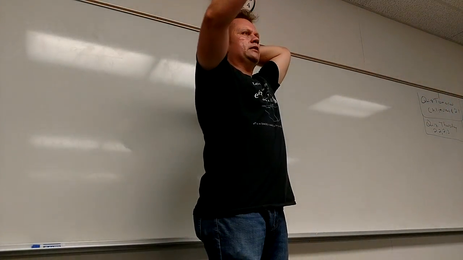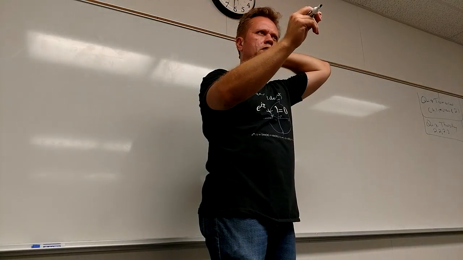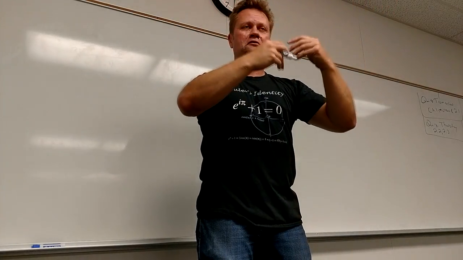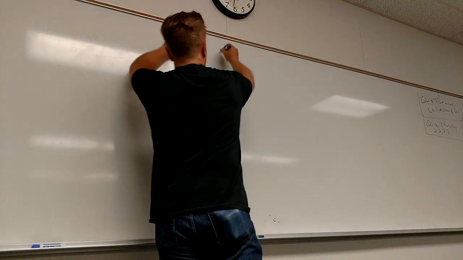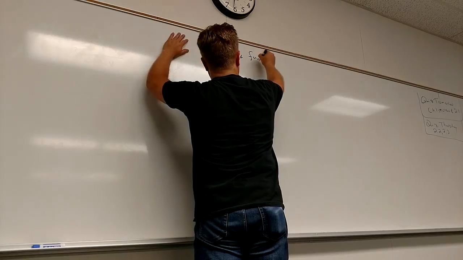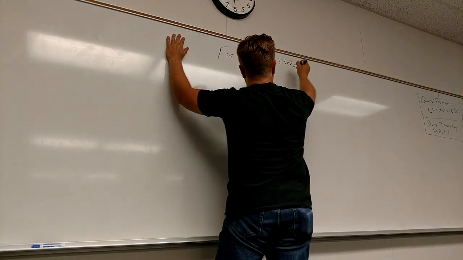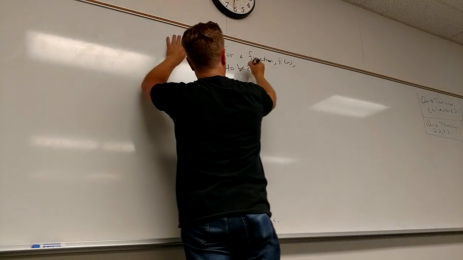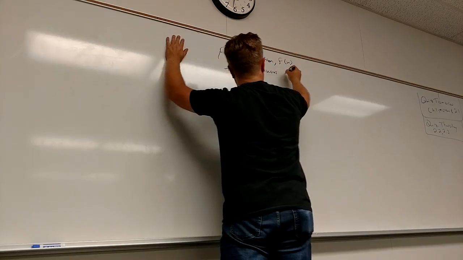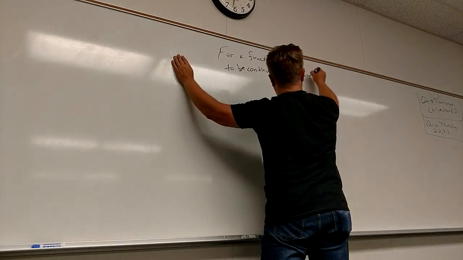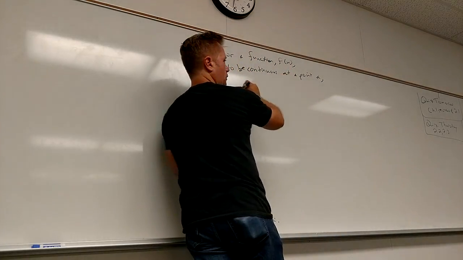So I brought up this idea of continuity earlier today, and we talked a little bit about continuous before. We actually gave the full requirement for something to be continuous at some point. So for a function f of x to be continuous at a point a, what has to be true?